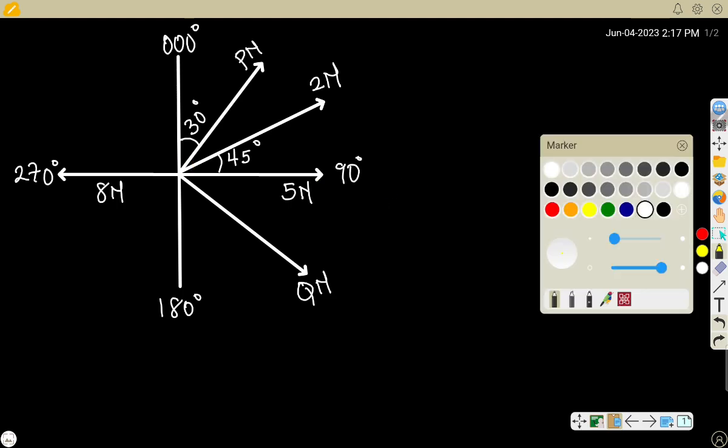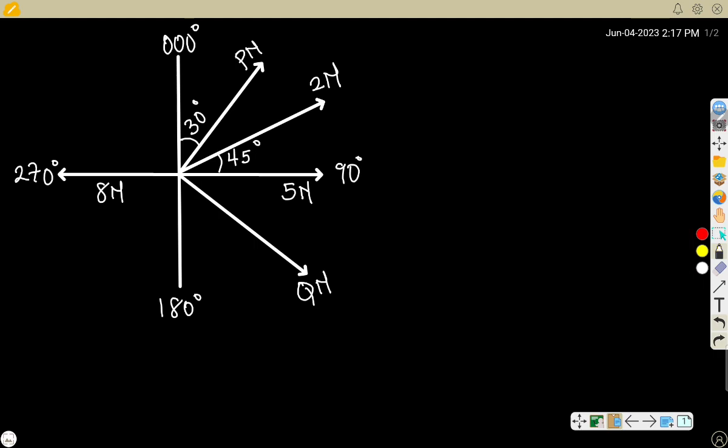For my vertical, I'm representing all the angles to the vertical as cos. This is my horizontal, so this 30 degrees is to the horizontal. Since the total angle here must be 90, then the angle here is 15, because 30 plus 45 is 75, and 90 minus 75 is 15.